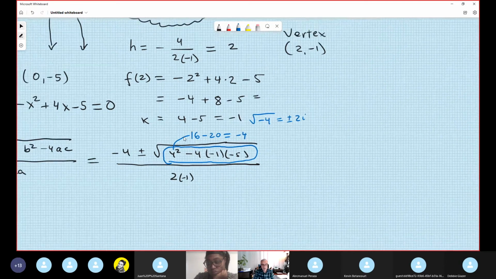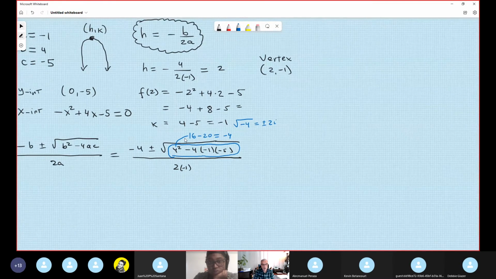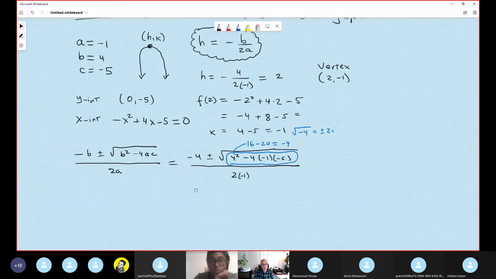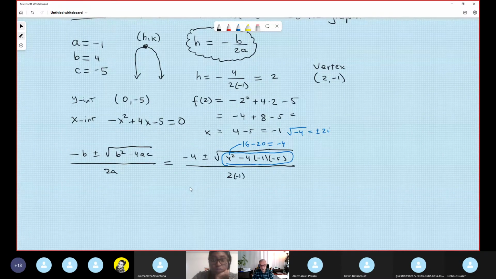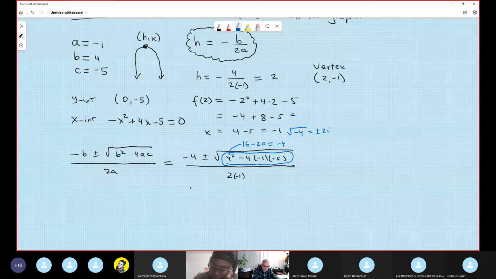Therefore, the interpretation of this is that our parabola never crosses the x-axis, because the solution you find is a complex solution for the parabola. Exactly. So the complex solution is not represented in our ordinary xy plane, because x and y are real numbers.